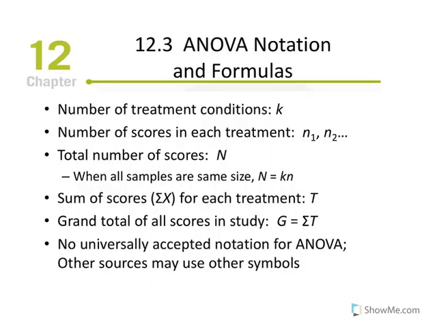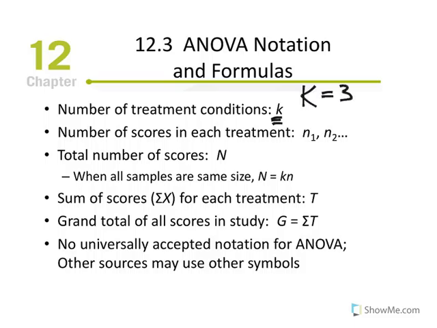Actually, before I present the equations, let me introduce some of the new notation for the formulas. So number of treatment conditions is referred to as K. So if we go back to the example of the 3 telephone conditions in relation to driving performance, we had 3 different treatment conditions. So in that case, K would equal 3.